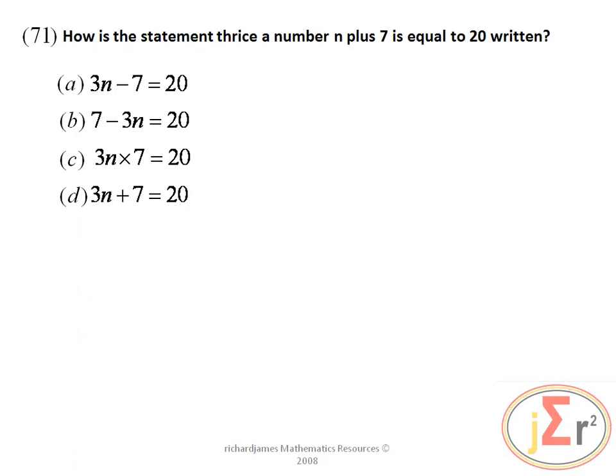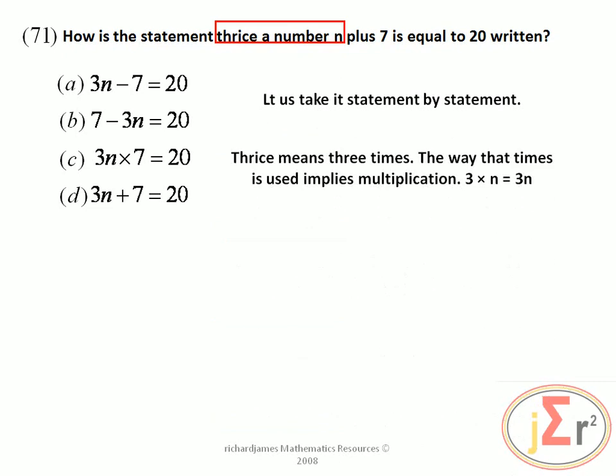How is the statement thrice a number n plus 7 is equal to 20 written? Let us take it statement by statement. Thrice a number n. Thrice means 3 times. The way that times is used implies multiplication. 3 multiplied by n.